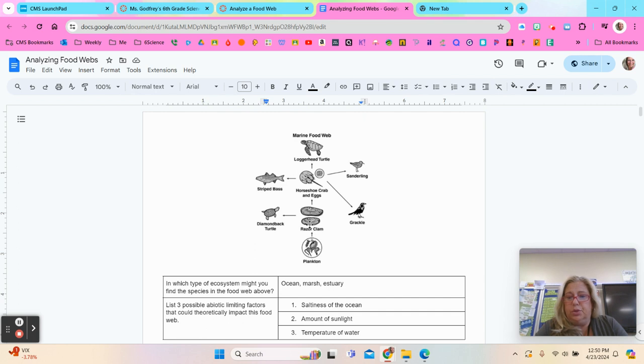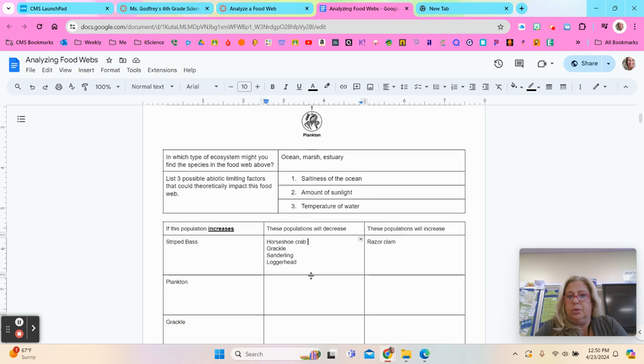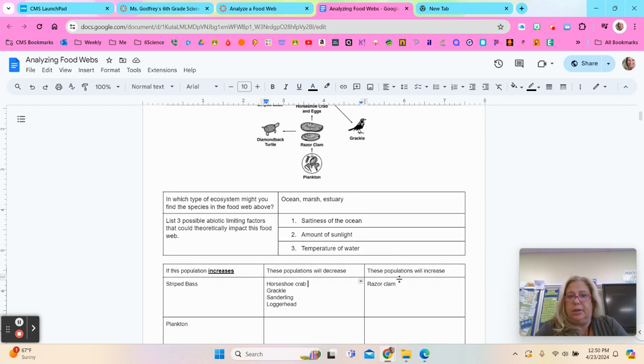So the razor clam population would increase. And if the razor clam population increases, then that would mean there's more food for the turtles. So the diamondback turtles would also eventually increase. So it's just a matter of thinking about how one organism's increase or decrease affects others.